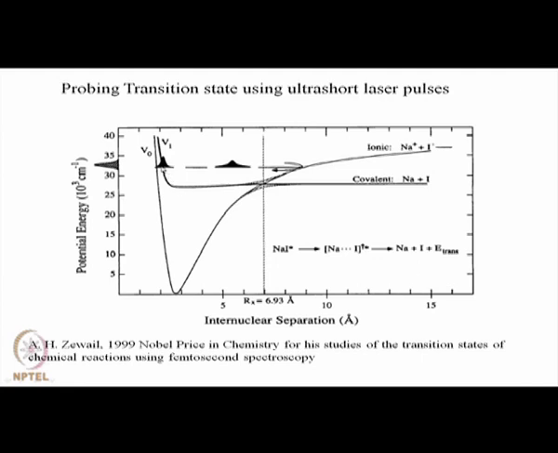So, the moment it comes over here, it may pass from this level to this covalent level, and pass out of this attractive ionic potential energy surface, giving rise to decomposed sodium metal and iodine, via some transition state. Okay. So, this has been done by ultra short laser pulses.